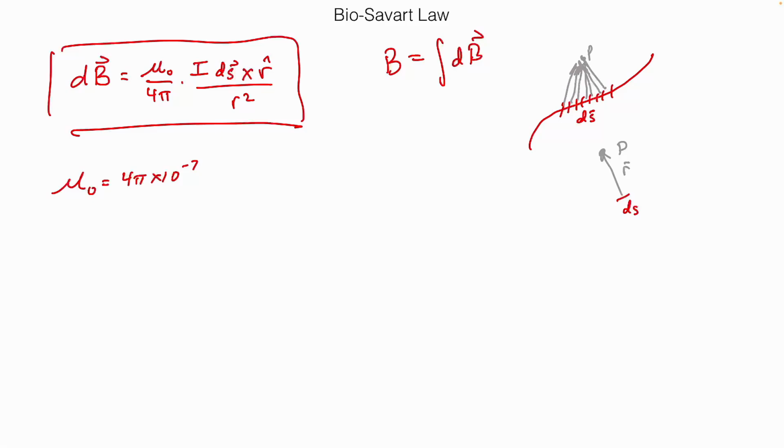Don't all of these vectors change? If the shape of the wire changes and the distance from the wire changes for that point that you're trying to find? The answer is yes. And so we've got to be clever and careful about how we set up this integral.